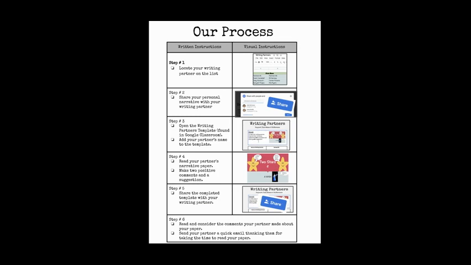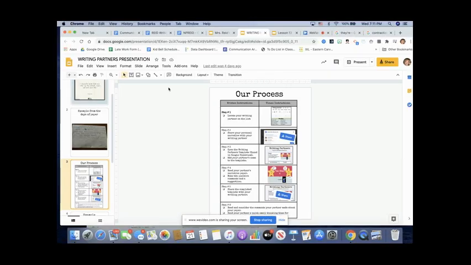So we have a process, and this is our process. First, locate your writing partner. That is in Google Classroom. It says Writing Partners. So pull up that document and you will see your writing partner. Then I would like you to share your writing with your partner.